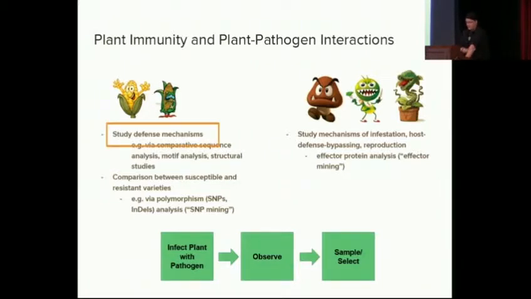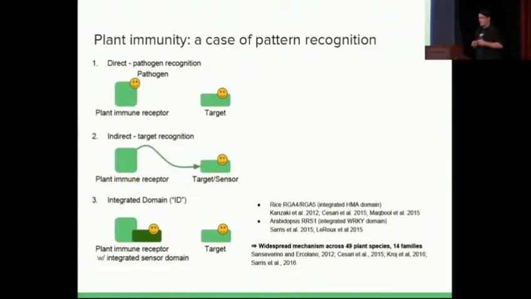The first tool I'm going to talk about goes in the direction of studying the defense mechanisms. Plant immunity is a case of pattern recognition. One of the very widely distributed mechanisms is direct pathogen recognition.